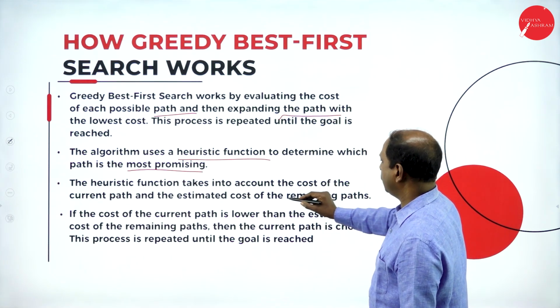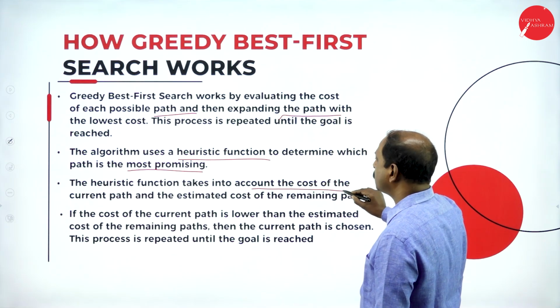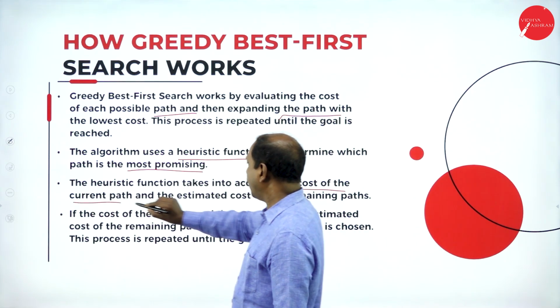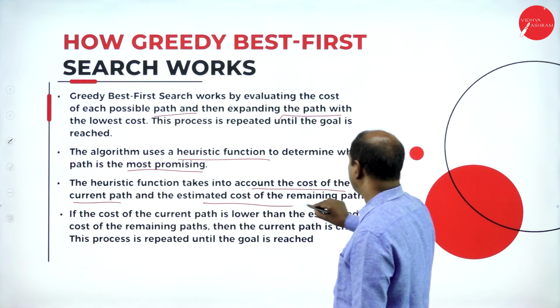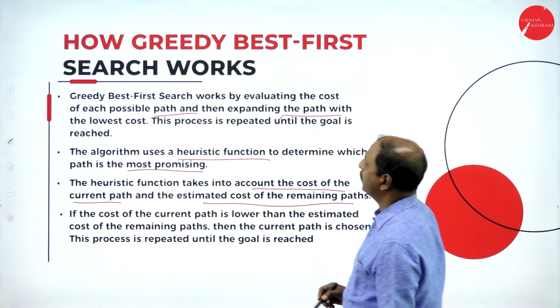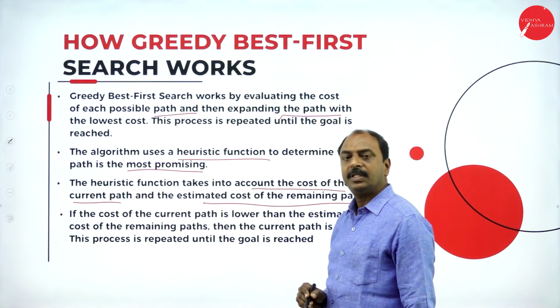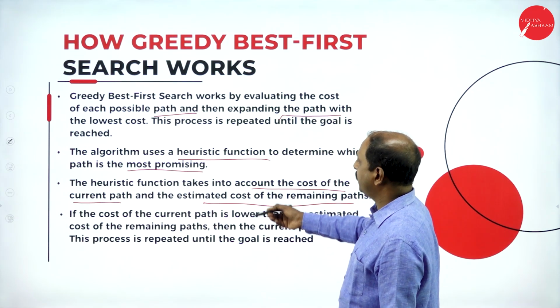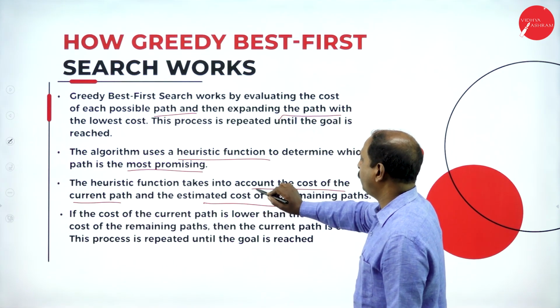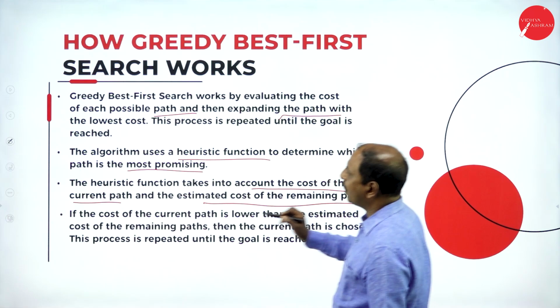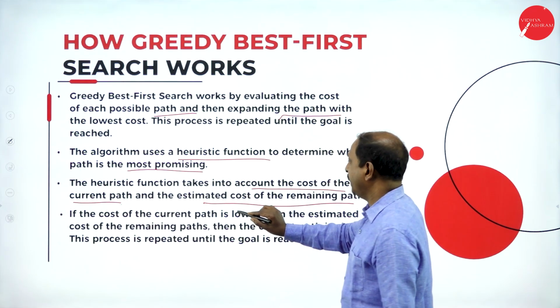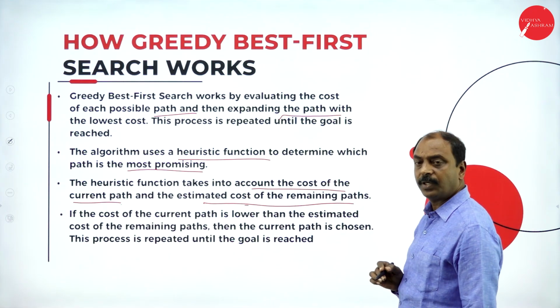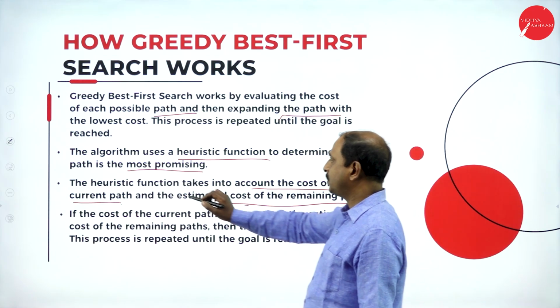It takes into account the cost of the current path and the estimated cost of the remaining path. So the heuristic function is the one we find with the help of a function that considers the cost of the current path and the estimated cost of the remaining path. Then we get the heuristic value.